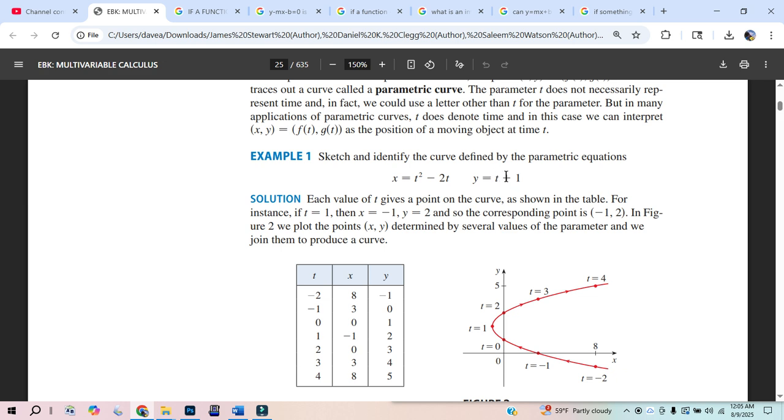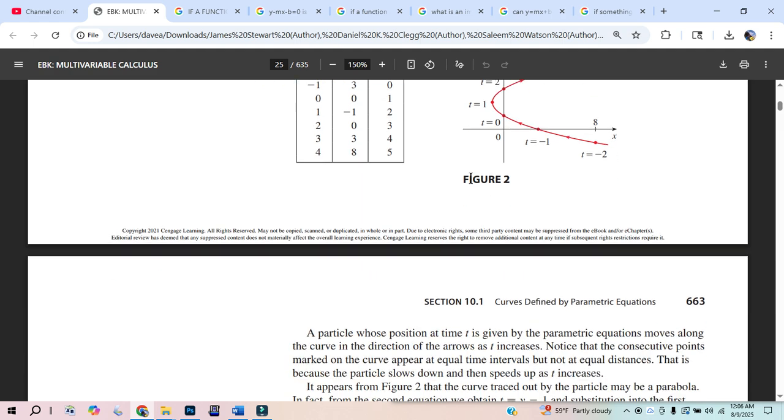Solving this one for t gives y minus 1, and everywhere I see a t here, I'm going to put a y minus 1. So let's see if we can do this mentally. I'm going to have y minus 1, then multiply a 2 through, that's going to be 2y minus 1, and then multiply a negative 1 through. It's going to be negative 2y plus 1. And that's as far as I can do mentally.